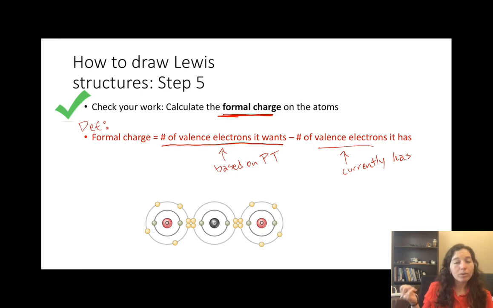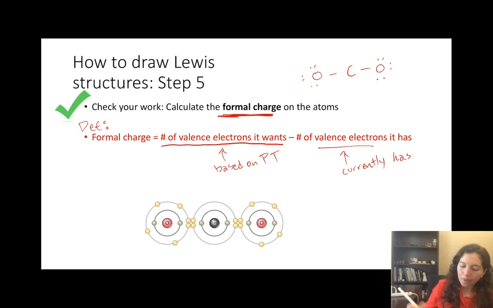So let's look at a quick example here. Let's look at our carbon structure that we drew. 1, 2, 3, 4, 5, 6, 7, 8. Okay. We had determined that we need to have an octet on all of our atoms, so we had said we could do either one of two structures. We could draw it like this, or we could do it like this.